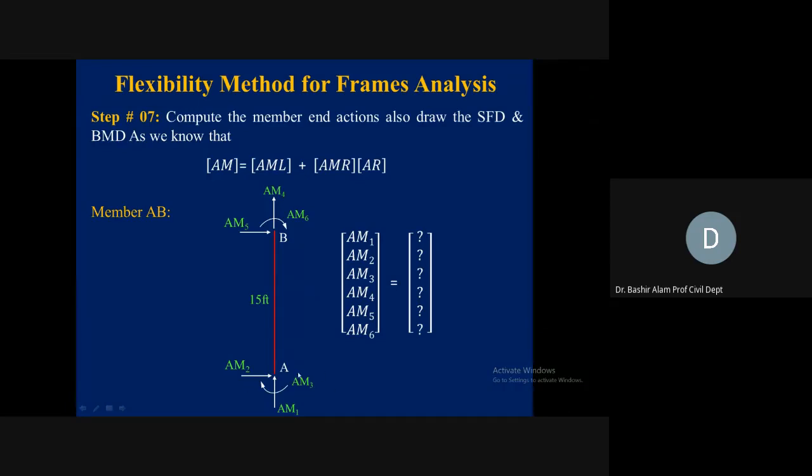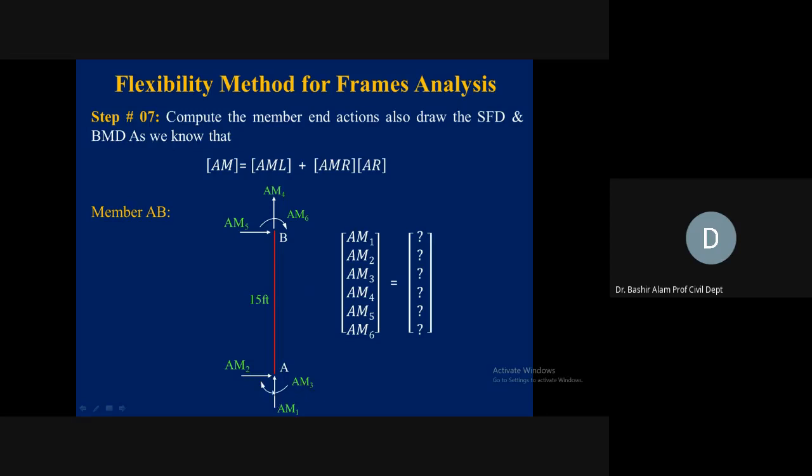And here you can see. Remember again, this labeling and these directions are arbitrary. You can choose any one. I prefer to select my positive directions upward, rightward, and clockwise. Here, AM1, if you see, is the axial force at A directed upward. This is my positive AM1. AM2 rightward is the shear, and then clockwise moment is AM3.